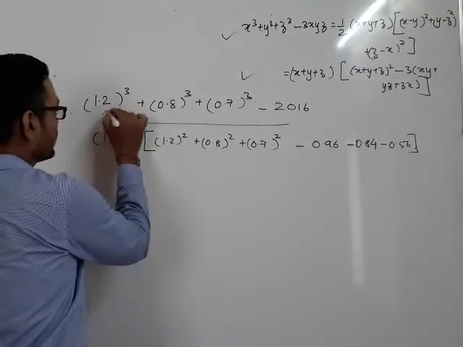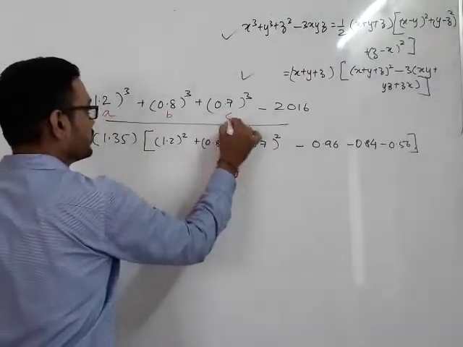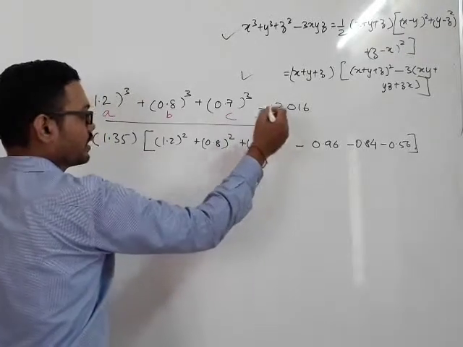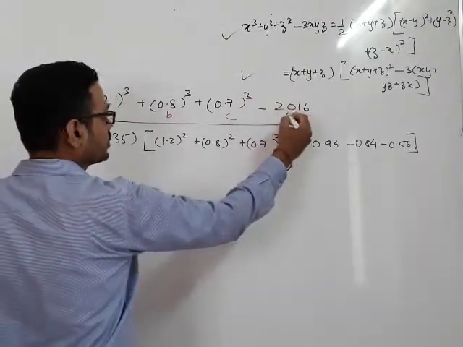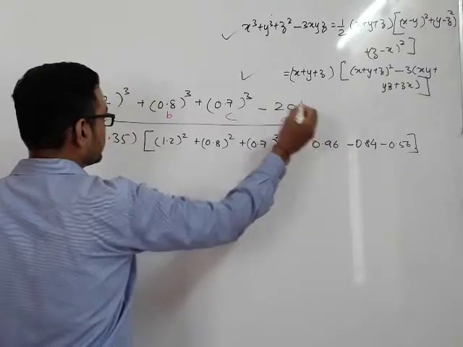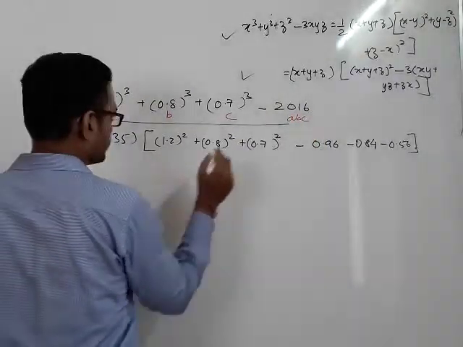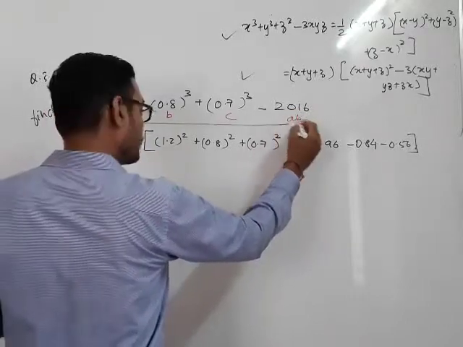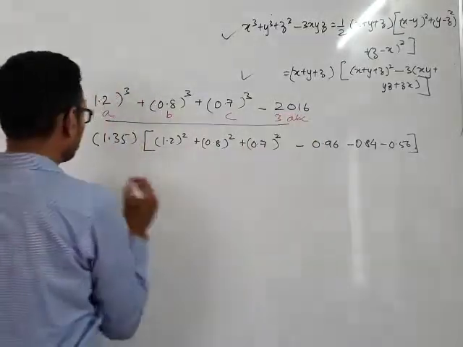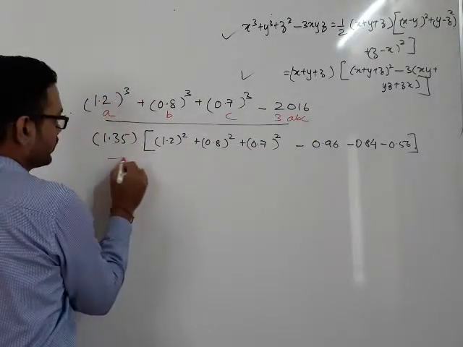You do not need to multiply. This definitely has to be ABC. It would be thrice of ABC, because we have a formula pertaining to that.